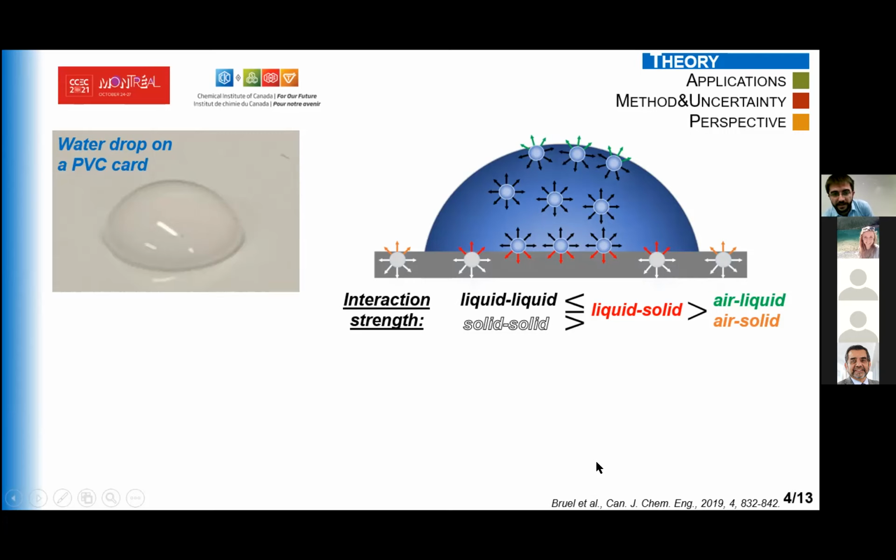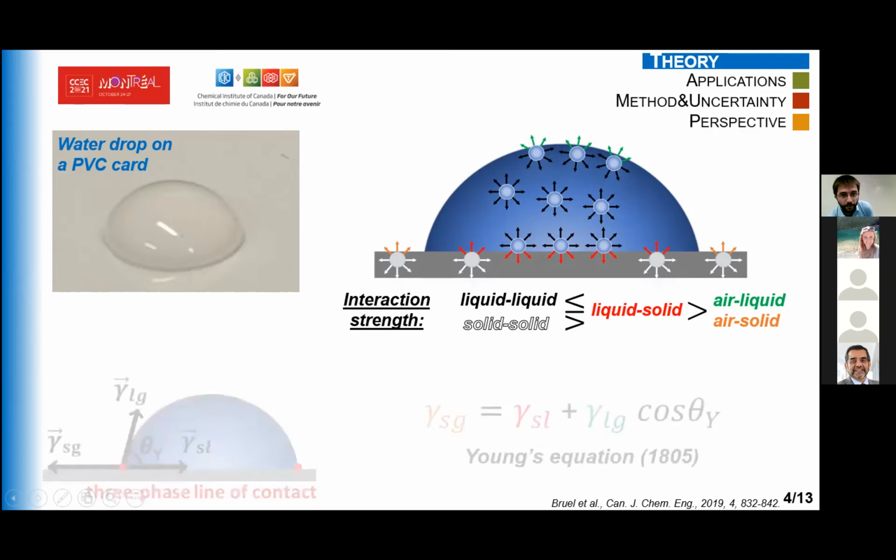But all these interactions do not have the same strength, meaning that there is energy to be considered here. And what we call the shape of a liquid is basically the optimization of this energy.